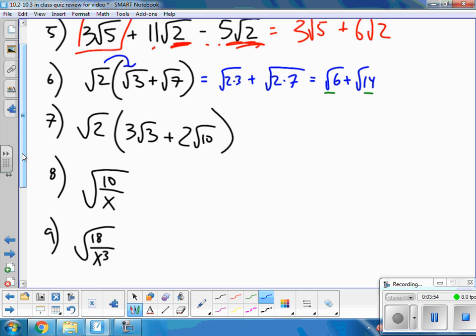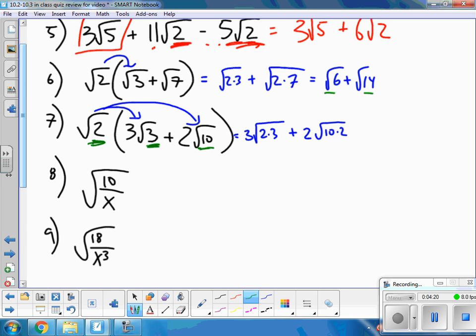Number 7 here, it's another distribution one. This is saying 3 times the square root of 2 times 3, plus, okay, there's another one, I got my 2 here. The 2 is outside, it's a coefficient, times the square root of 10 times 2. Now notice the square root is in here, so I'm only multiplying the square roots together.